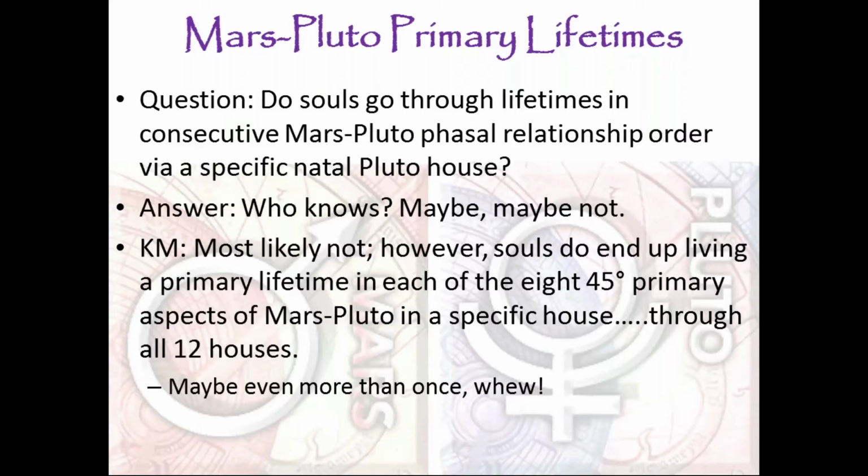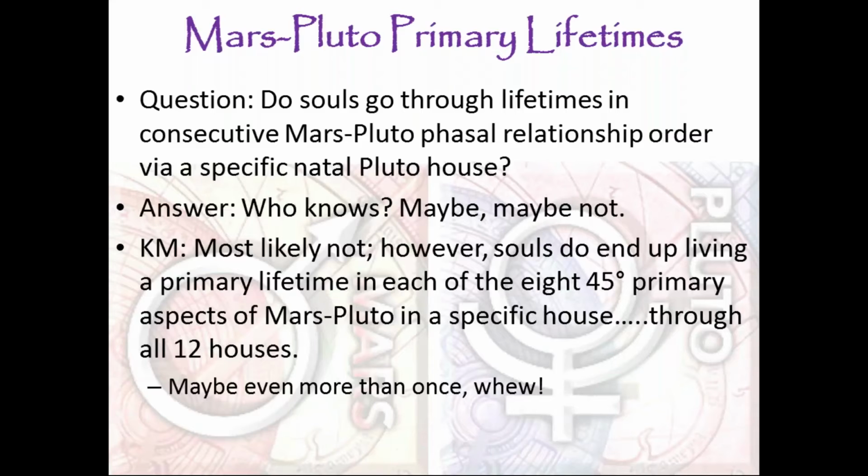This is Kim Marie's opinion: I think we do end up living a primary lifetime in one of those eight 45-degree primary aspects of Mars-Pluto, with Pluto in a specific house, and we go through all 12 houses, Pluto in all 12 houses, with Mars making all of those phasal relationships.